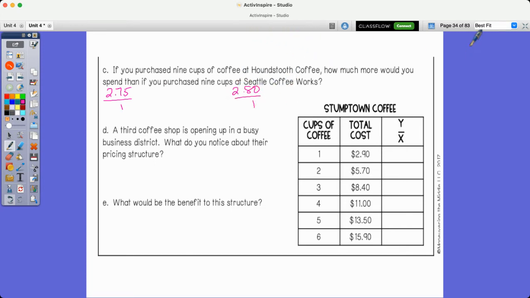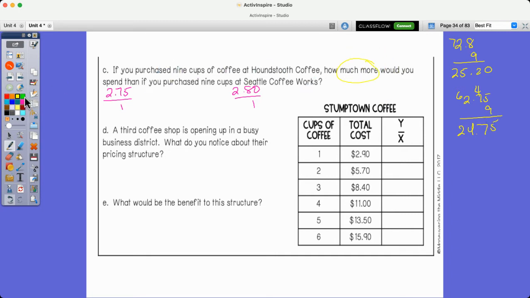So I would do $2.80 times 9, and get 25.20. And then I would do 2.75 times 9, and I get 24.75.